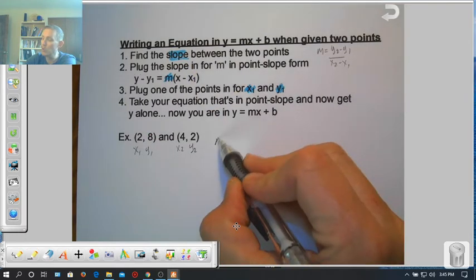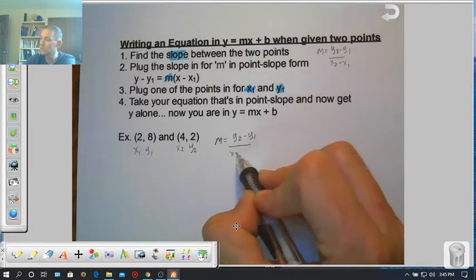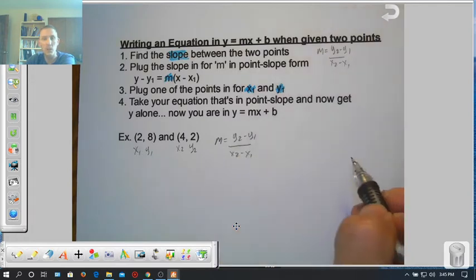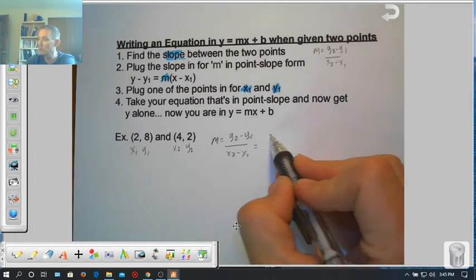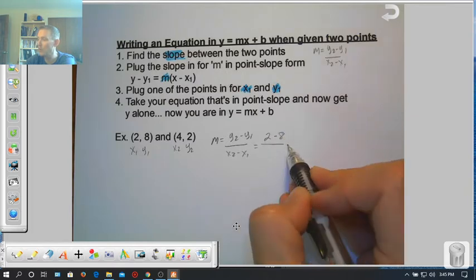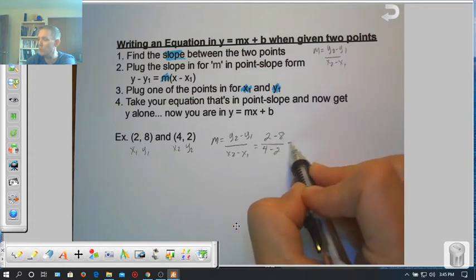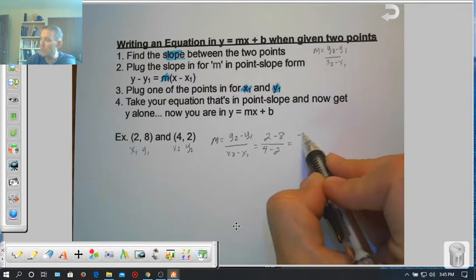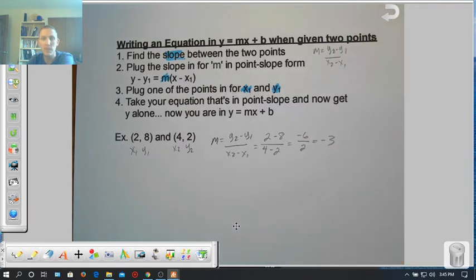So we're going to use the slope formula. And I'm going to plug in these values. So y2 is 2 minus y1, which is 8, over x2, which is 4, minus x1, which is 2. So this gives me negative 6 over 2. So my slope is negative 3.